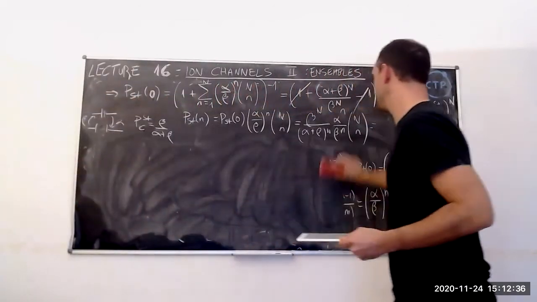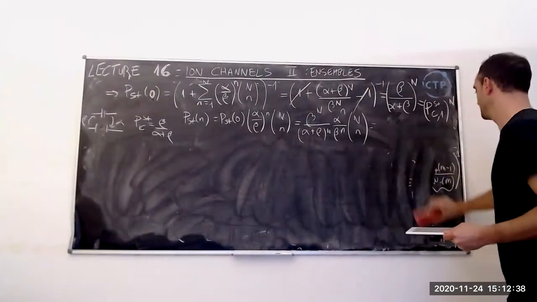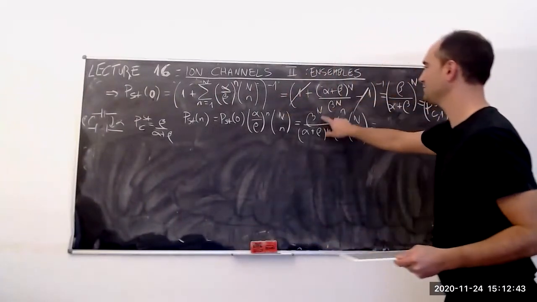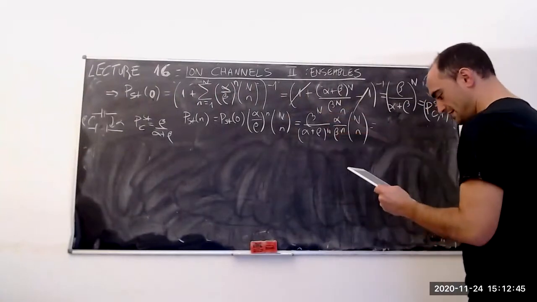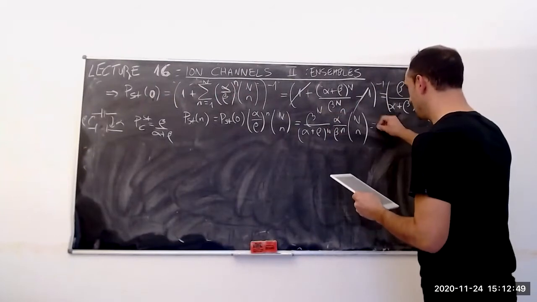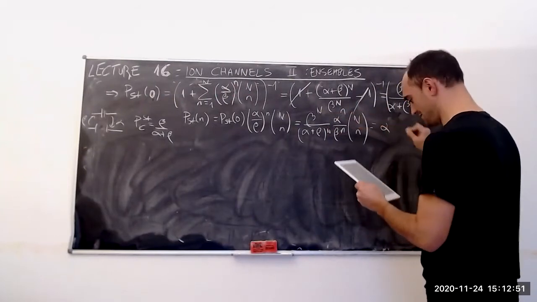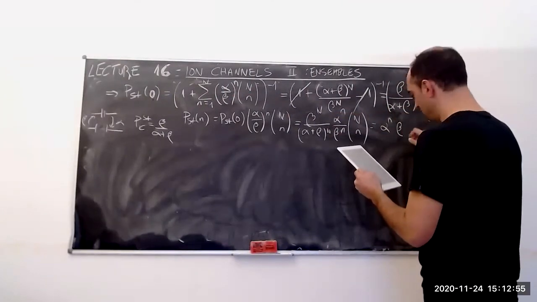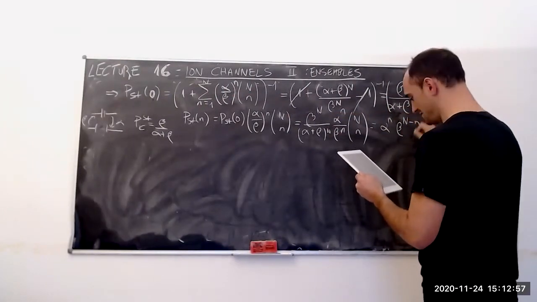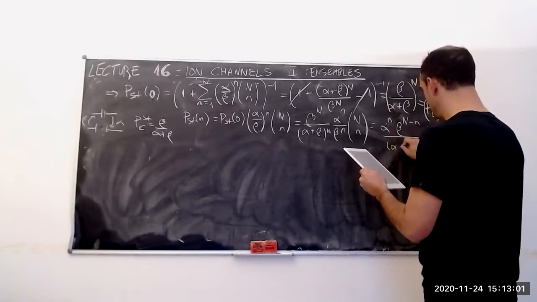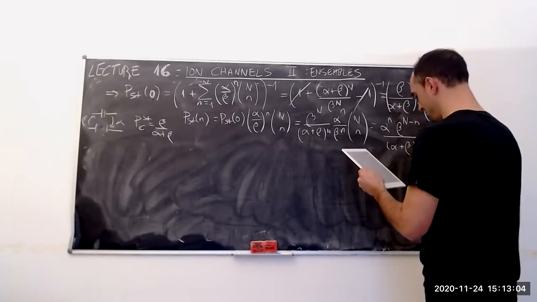Blackboard formulas. Okay. So this becomes, first I take the alpha to the power n, beta to the power N minus n, alpha plus beta to the power N times N divided by n.